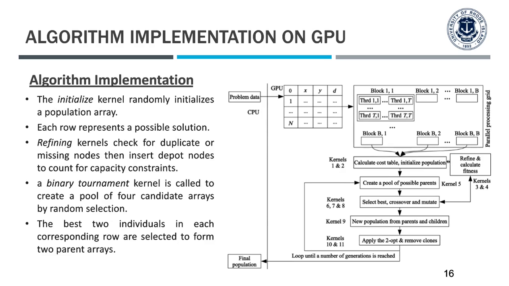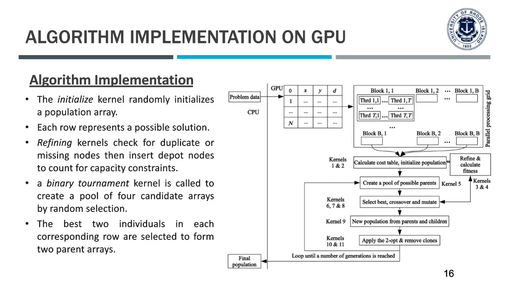Then, the initialization kernel randomly initializes the population array, where each row represents a possible solution. Refining kernels check for duplicate or missing nodes, then insert depot nodes to account for capacity constraints. Then the fitness function is called to calculate the cost of every single individual.